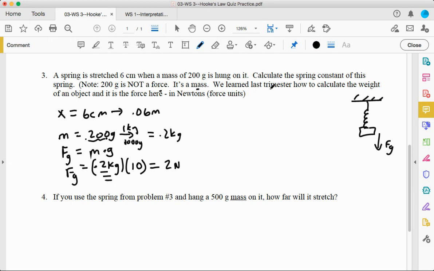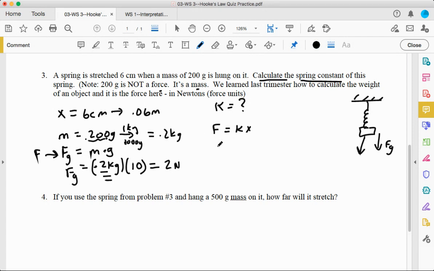So what do we want to find here? We want to find the spring constant this time. Calculate the spring constant. So K is what we're looking for. Going with F equals Kx, recognize that the force we're putting into the Hooke's law equation is the force of gravity, because that's what's pulling on the spring.